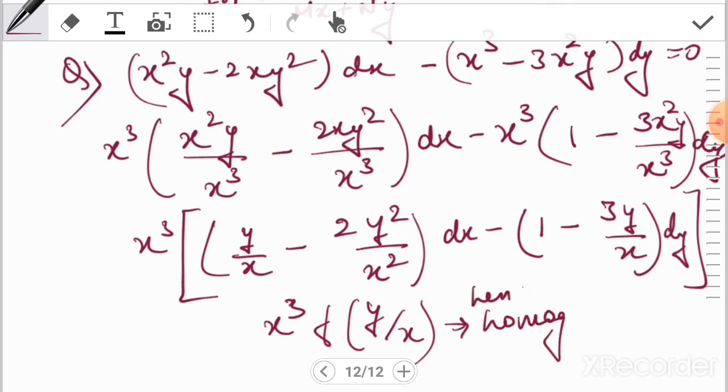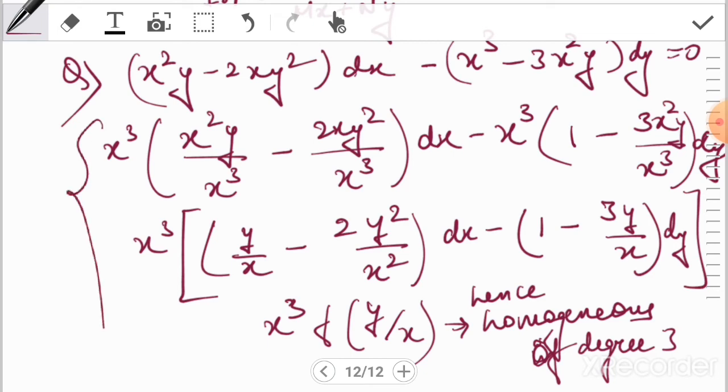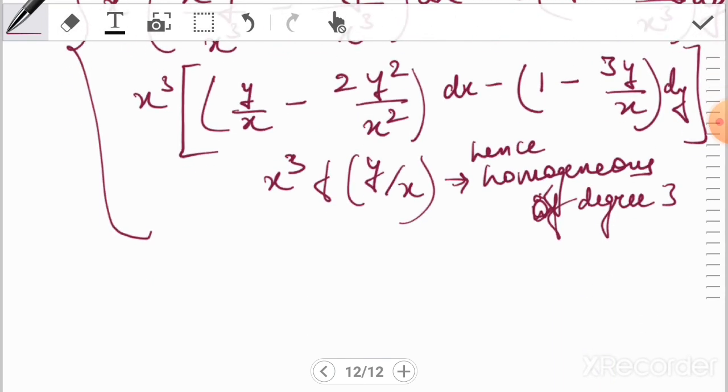Hence, homogeneous of degree 3. Right? So now let us solve this. We have found out that this is a homogeneous function. Now the integrating factor is 1 by (Mx plus Ny).